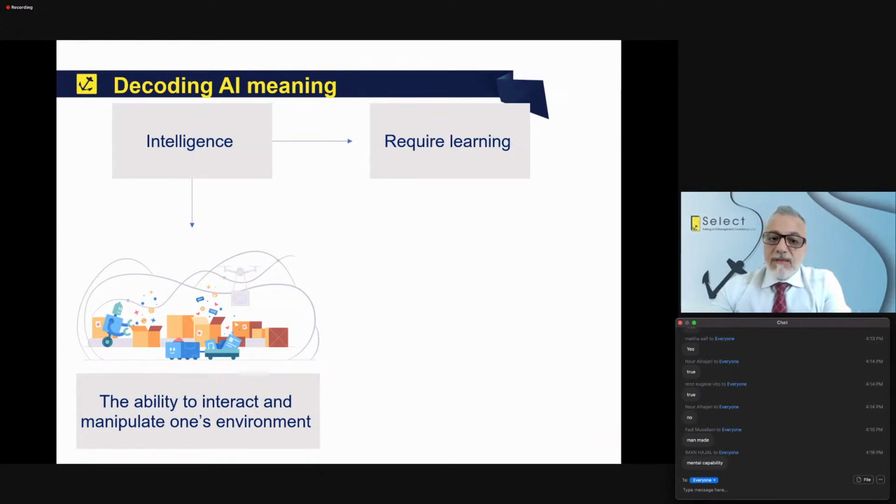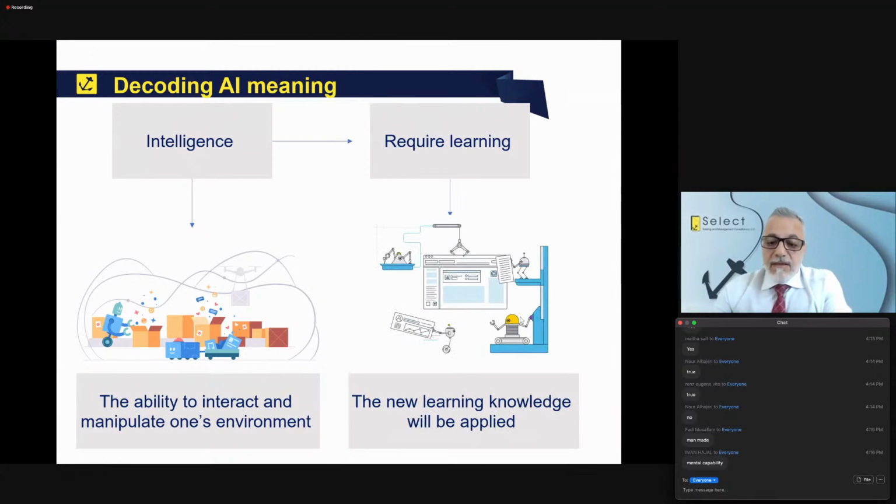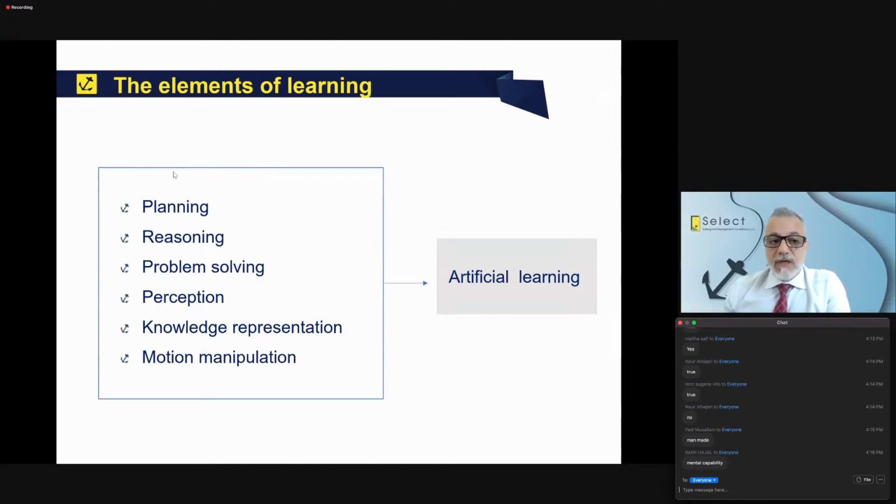That means this is intelligence. The new learning and knowledge will be applied somewhere. So if we replace this, it will become artificial learning rather than artificial intelligence. The focus here will be how to teach the machine to take a decision.